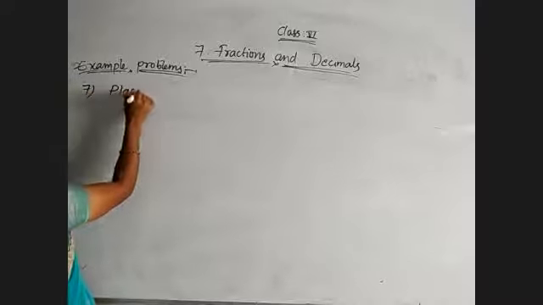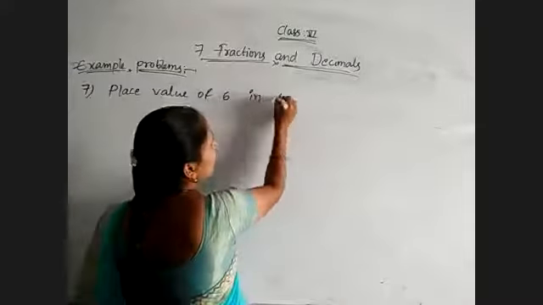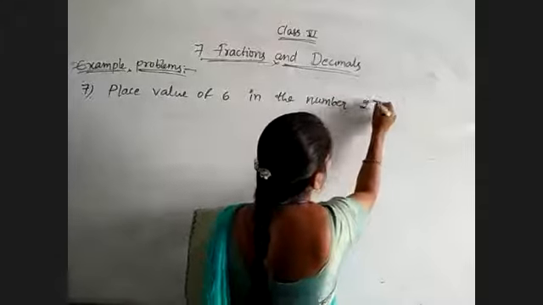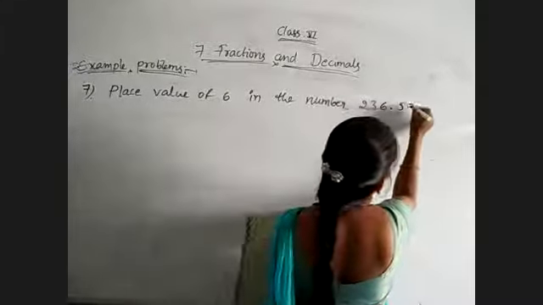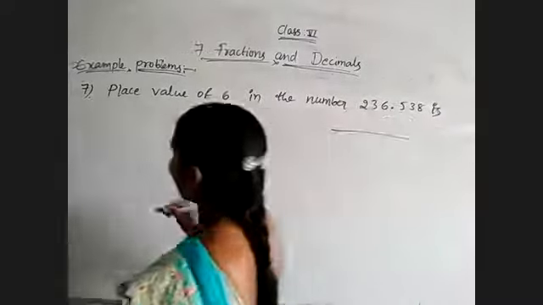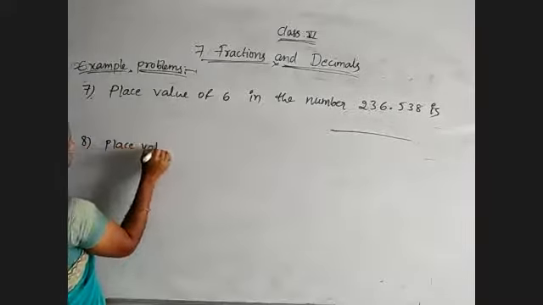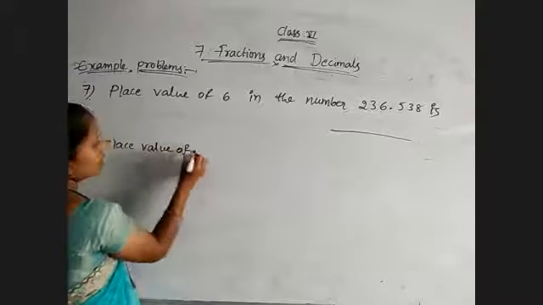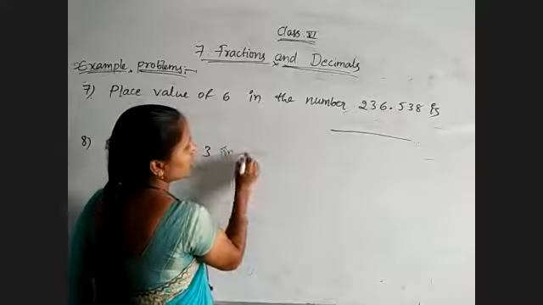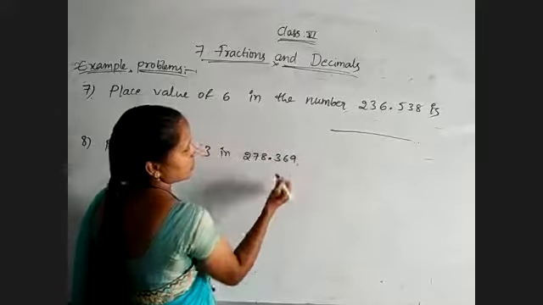Place value of 6 in the number 236.538 is dash. And next, place value of 3 in 278.369 is dash.